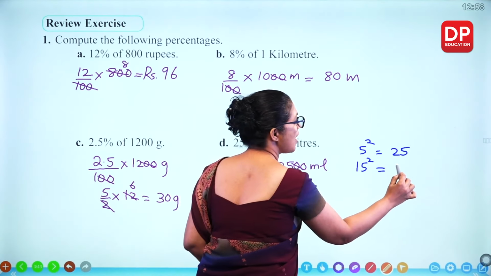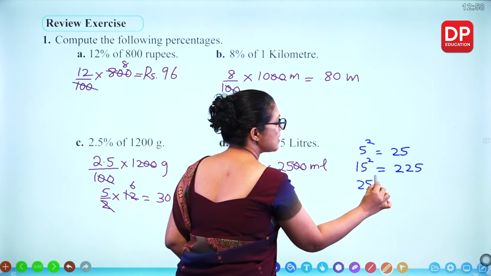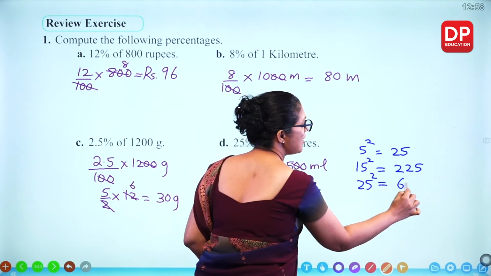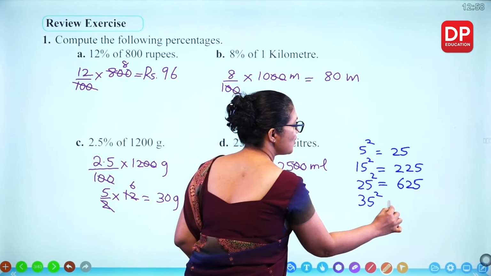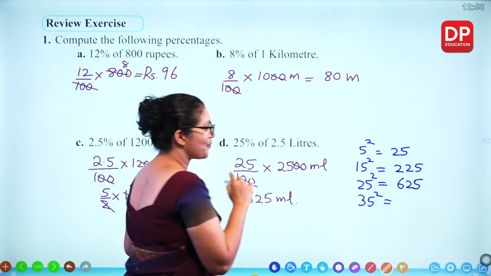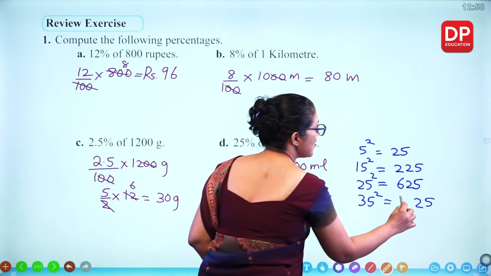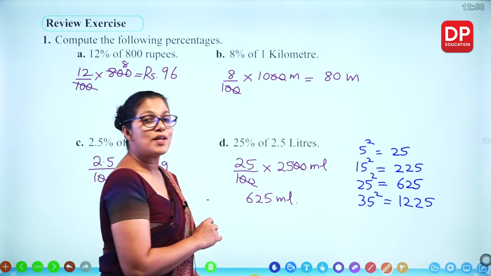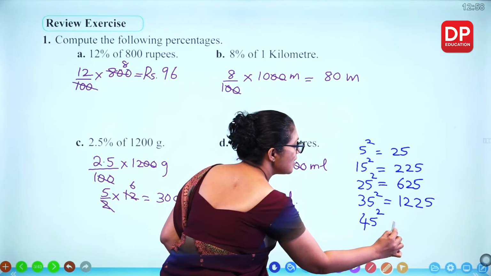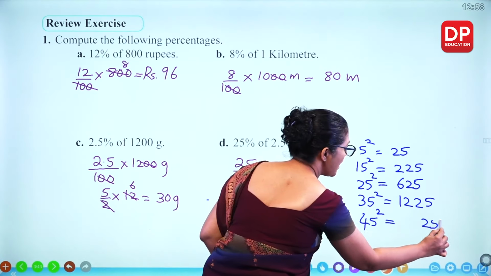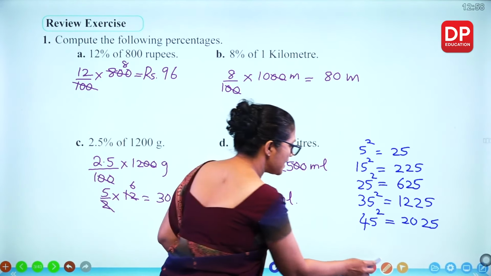It's 225. 25 times 25, 625. 35 times 35. Can you do that at once? I can do that. That's 1225. If you want 45 squared, what's the answer? 2025.